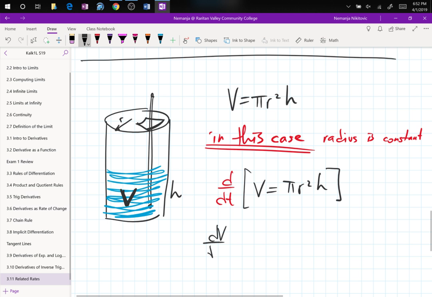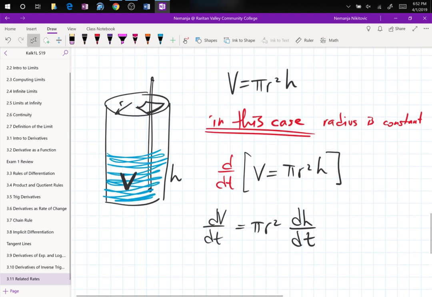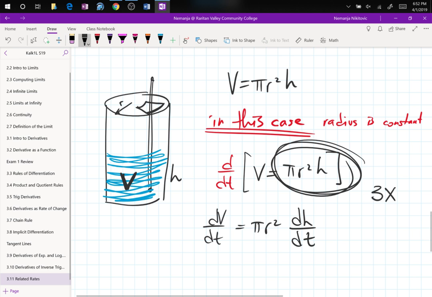So dV/dt is equal to 2, no, sorry, I lied, pi r squared dh/dt. I did not take the derivative of r because it's constant. And it's not 0 because it's multiplied into h. So this entire thing here now behaves as just 3x, where h is x. All right? You can take the derivative of that.